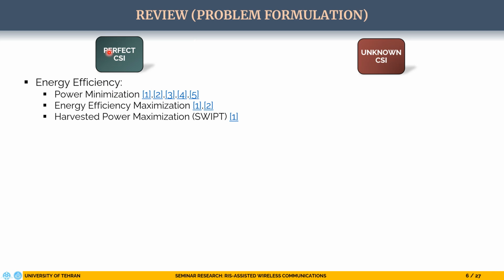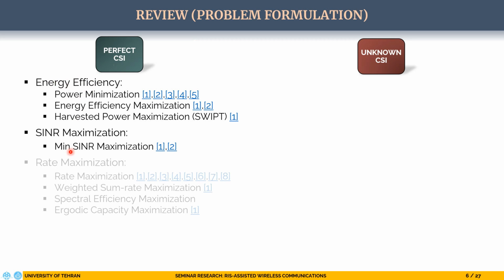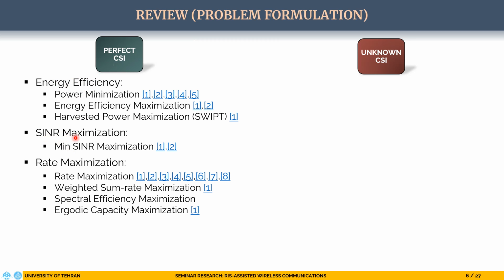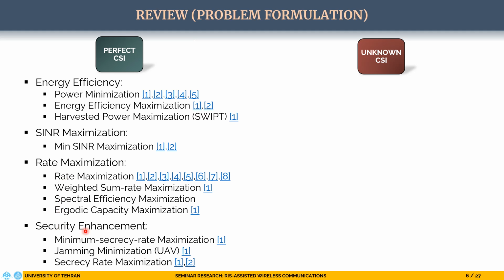We had some problem formulation with the assumption of perfect CSI and unknown CSI, which in this case the purpose is channel estimation, and in this case we have some optimizations, for example rate optimization, energy optimization, SINR maximization, and security enhancement, which in this lecture we investigate deeply.